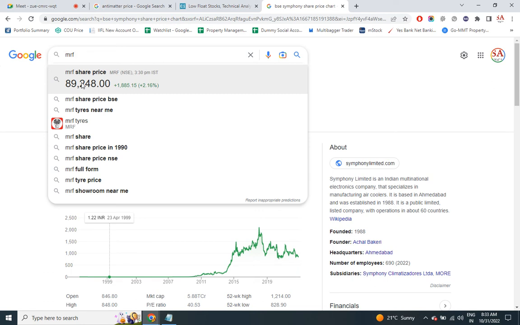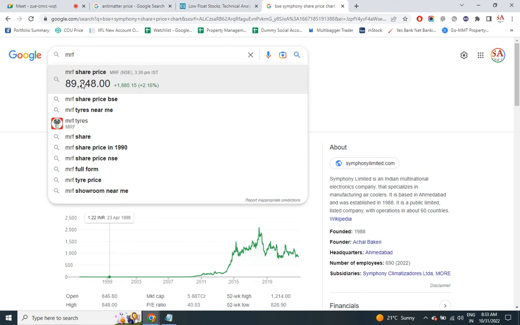Alright? So always understand that the size of the company is not derived from the share price but by the market cap. Market cap is only going to tell you the size of the company. That is all, nothing else. Market cap only tells you the size of the company.